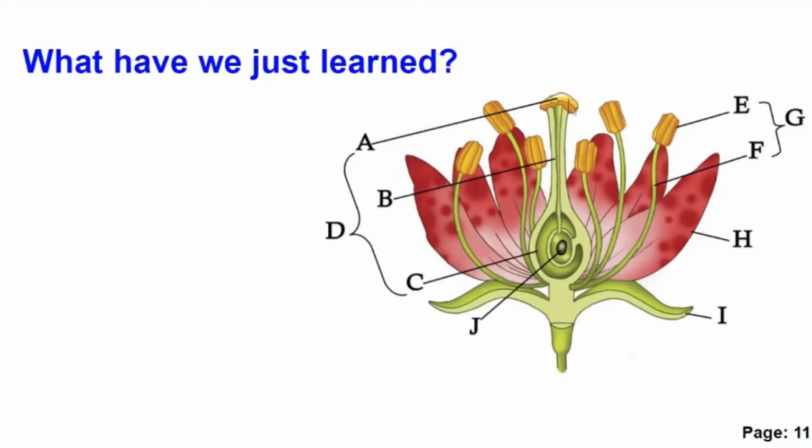A is the stigma. Okay, stigma, right? What about B? The style. And what about C? Ovary. A, B, and C together are called D, the carpel.